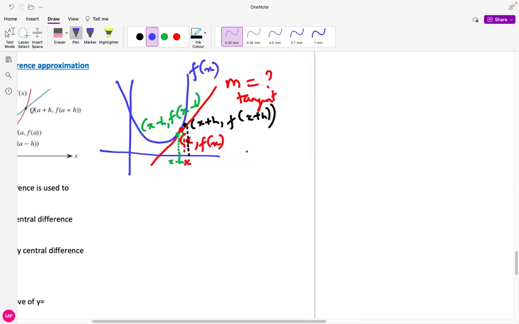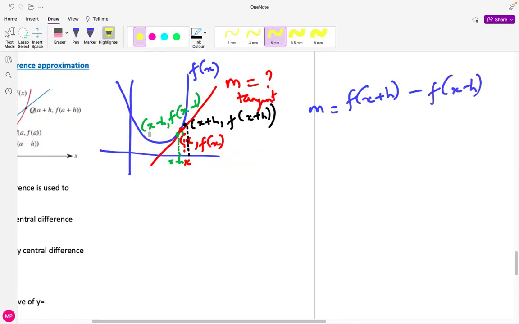And if you think about the gradient of the green point and the black point, the black point is x plus h, f of x plus h, and the green point is x minus h and f of x minus h. So the gradient in general terms is y2 minus y1, so f of x plus h minus f of x minus h.